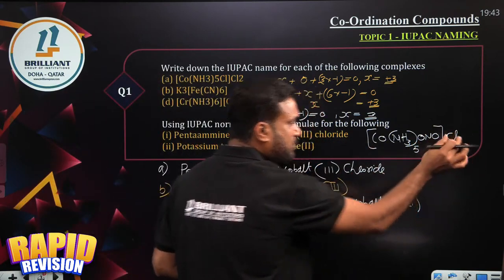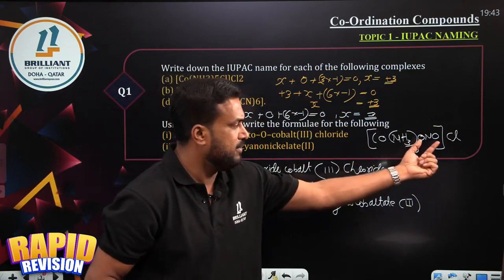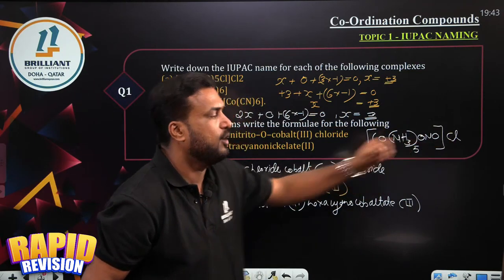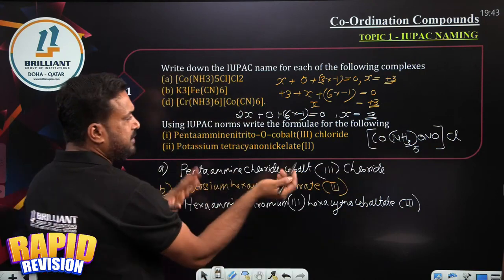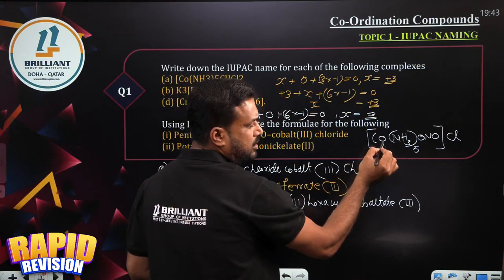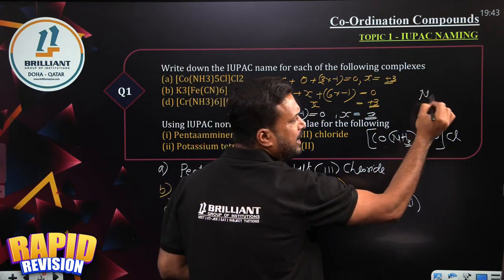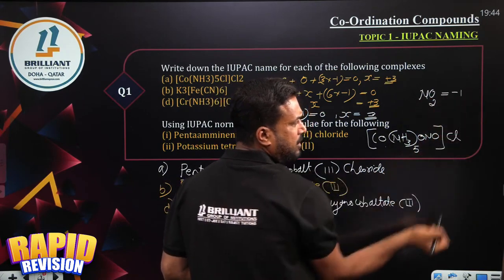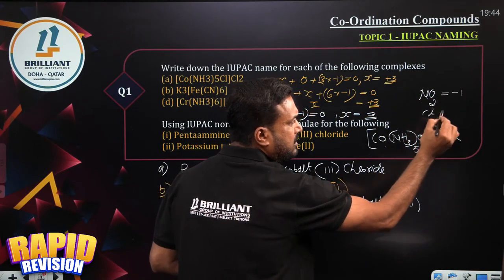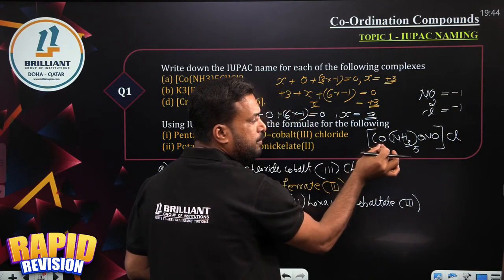Chloride means we can just put Cl, but the formula is not over. We have to adjust the number of Cl. How will we be adjusting? Either way you can do. One method is that cobalt should get the oxidation state as what? 3. Right now you know that. Here ONO or NO2 charge is what? -1. Chlorine one more is -1, which means it will be -2. -2 with +3 becomes +1, not 0.